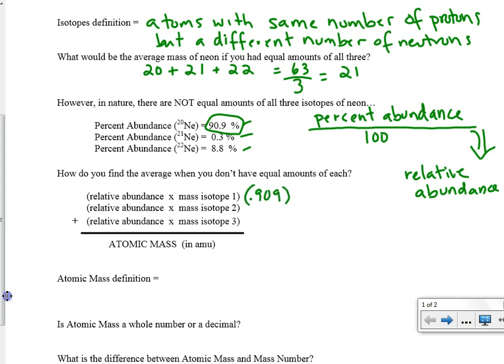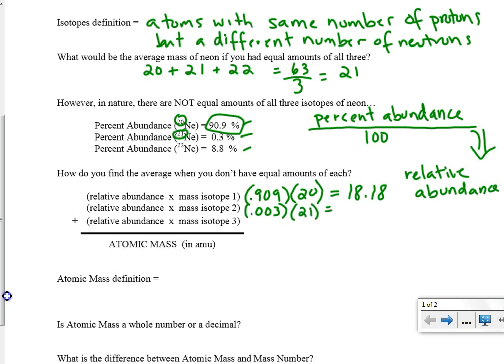We multiply that number by a mass number of 20. In our calculators, we get 18.18. For the second isotope, we take the percentage of 0.3, divide that by 100 to get 0.003, and multiply that by 21.